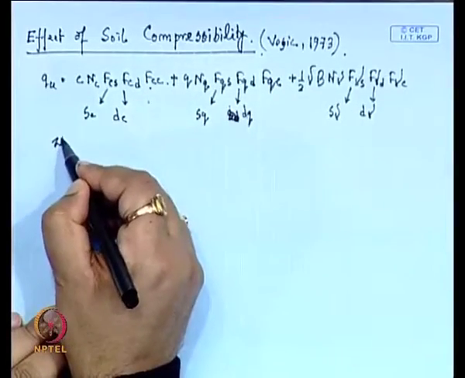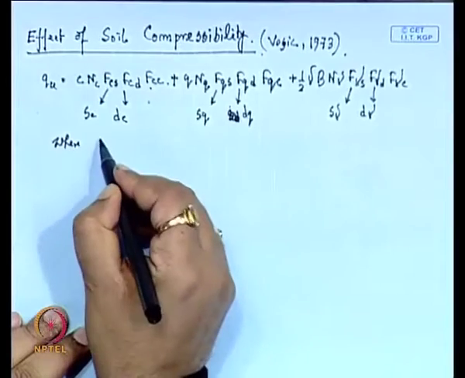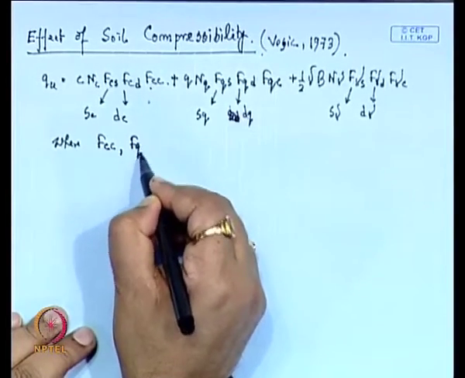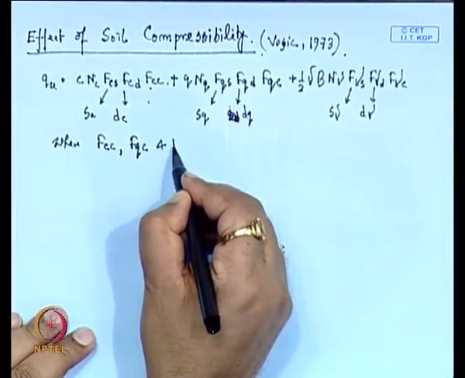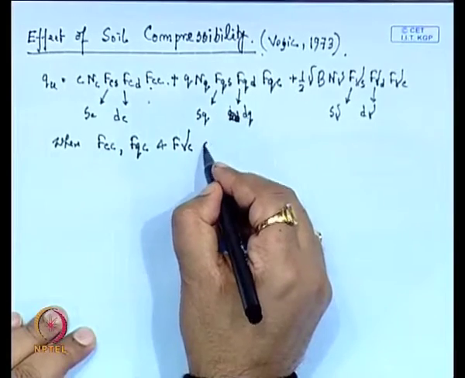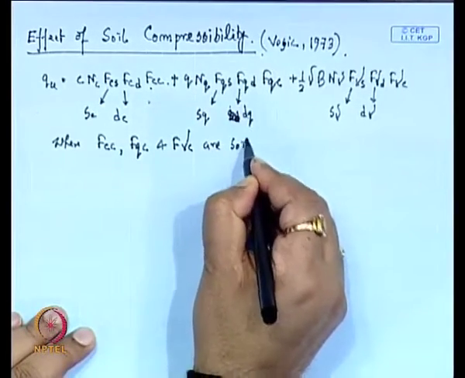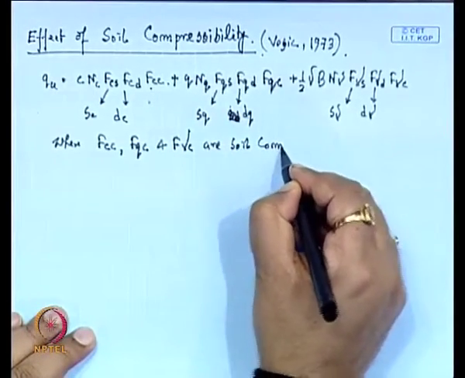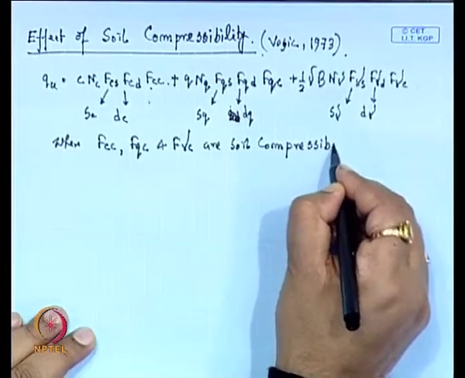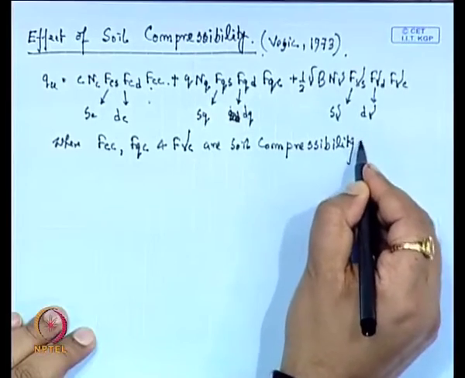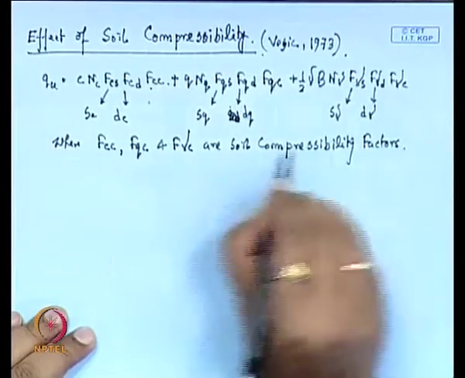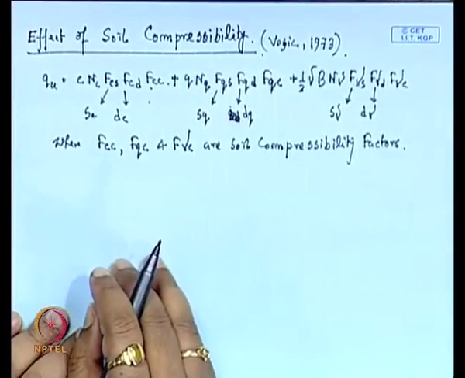Now, these new terms Fcc, Fqc and F gamma c are the soil compressibility factors.